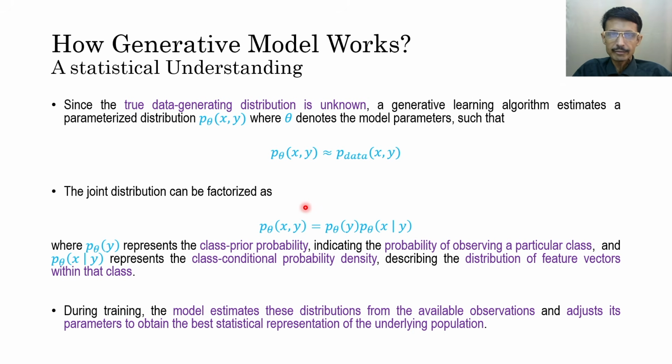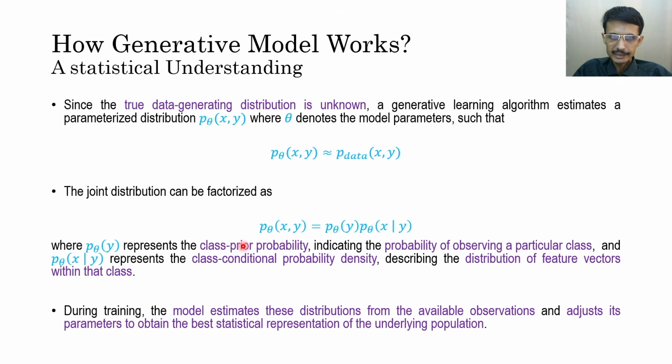The joint distribution can be factorized by the multiplication rule of statistics: p theta (x, y) is equal to p theta (y) into p theta (x given y), where p theta (y) represents the class prior probability. Y means what? It is the prior probability of the classes. The class prior probability indicates the probability of observing a particular class, how probable this particular class is.